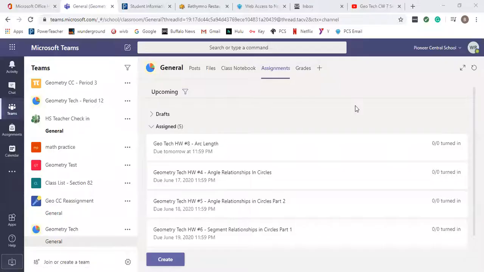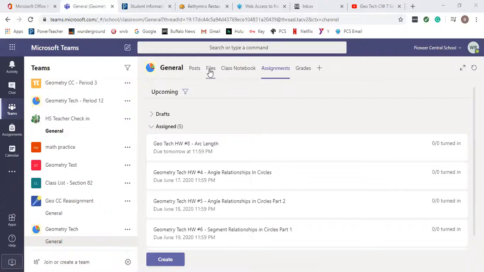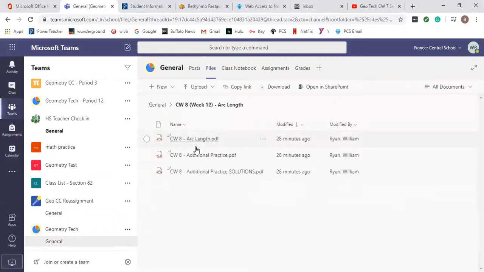I'm going to share my screen. This is what it looks like. A lot of you are just jumping to the homework. Please don't, you're getting bad grades. First of all, you go to Files. Then this is Classwork 8, which is week 12, arc length. You're downloading these 3 files right here.